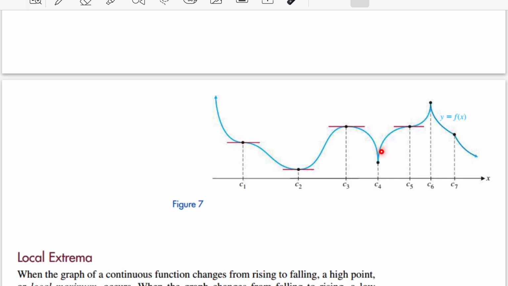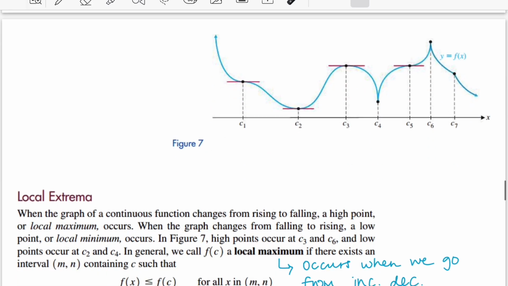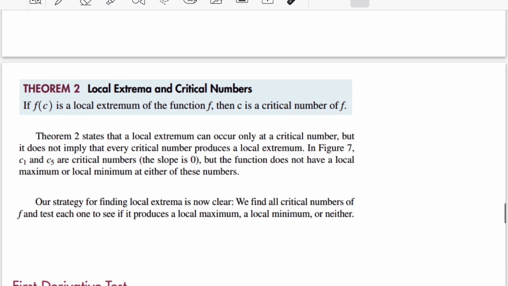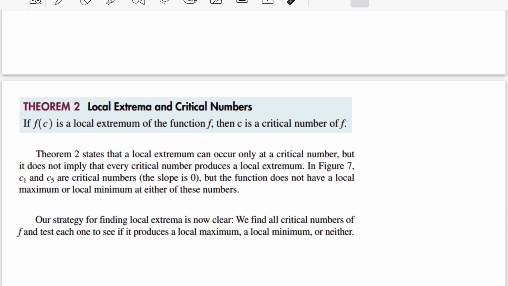And then for C5, it's increasing here and it continues to increase here. Okay. And so our strategy for finding this local extrema is going to be to find all critical numbers of f and test each one to see if it produces a local maximum, minimum, or neither. So we could have the case where we have neither.